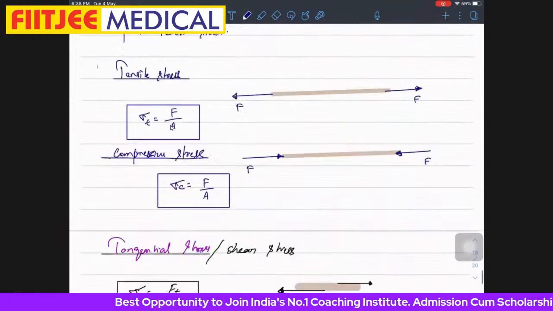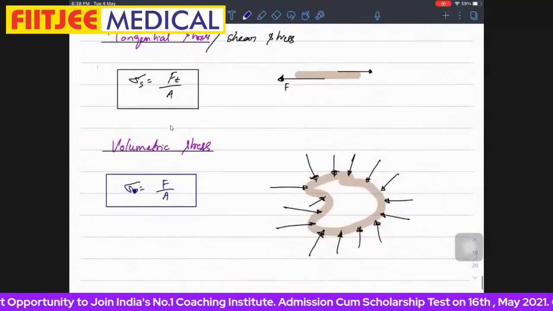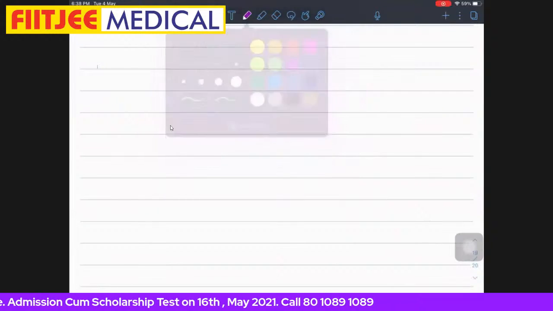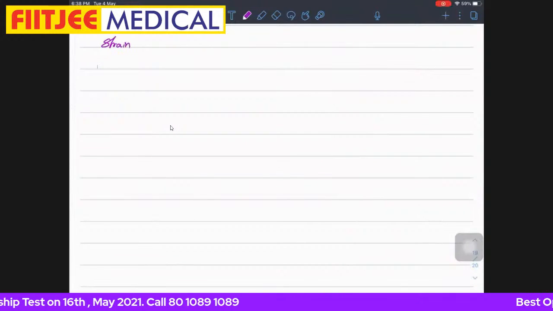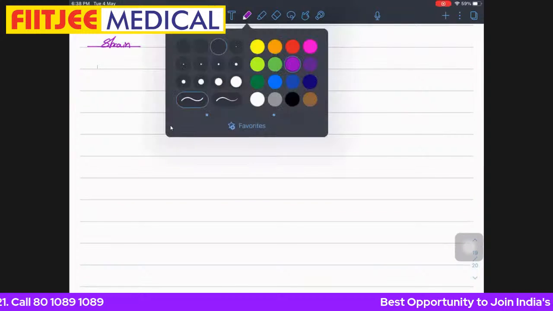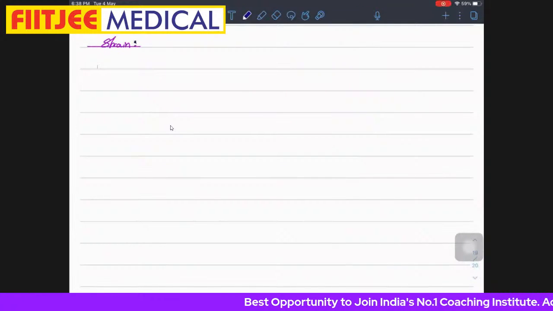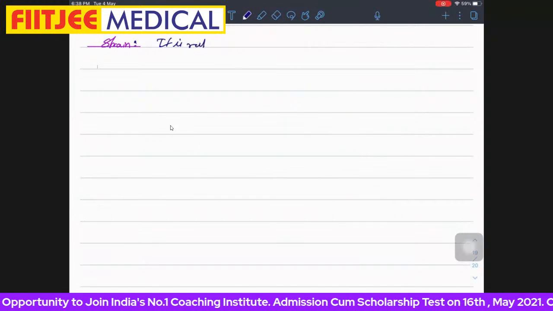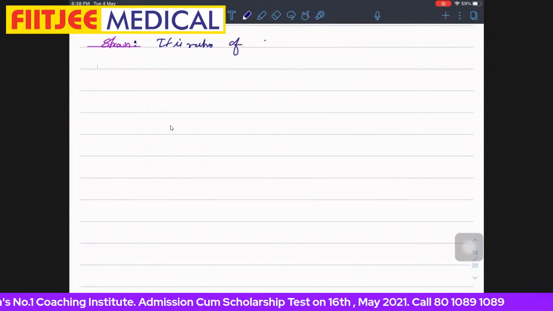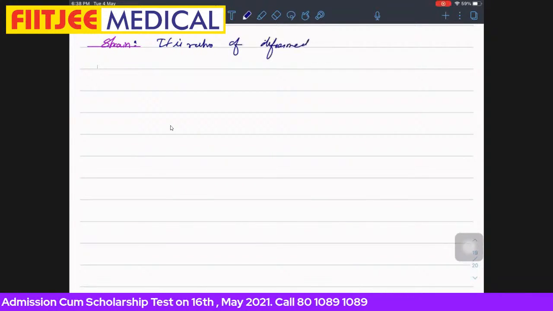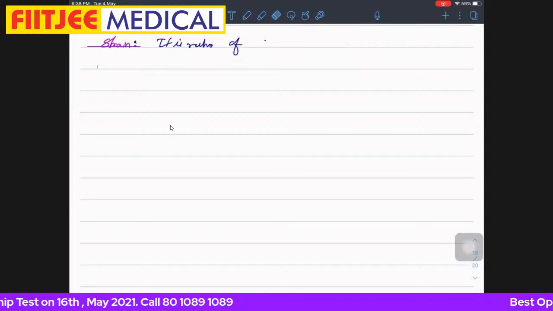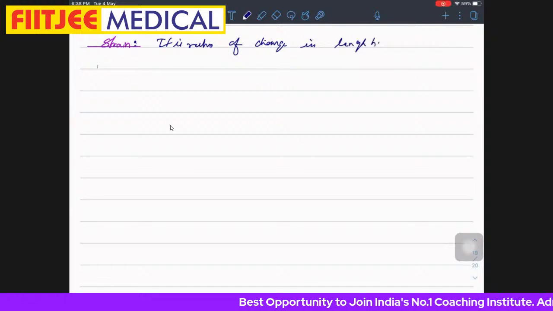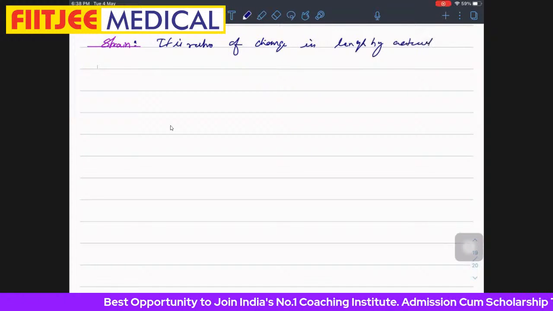Now this is a stress. So when the length changes, that quantity we define as strain. Here we define one quantity, that is strain. It is defined as a ratio of change in length by actual length, change in length by actual length of the body.